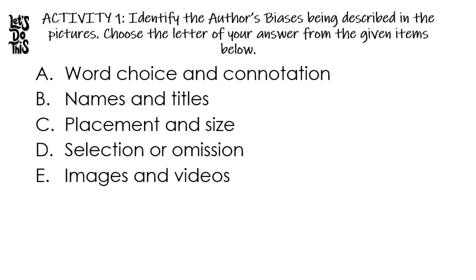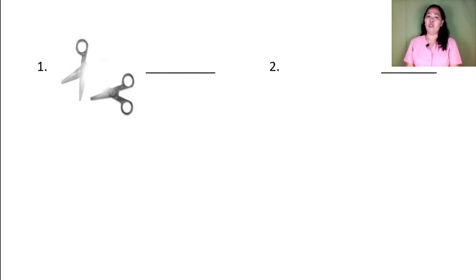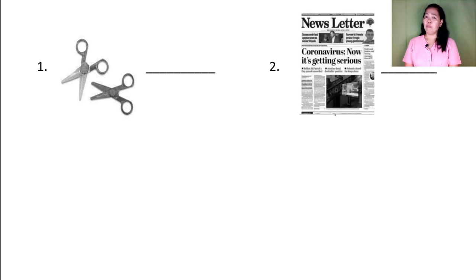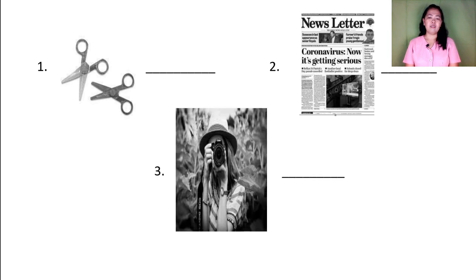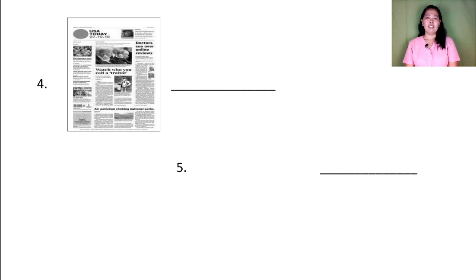D. Selection or omission. And E. Images and videos. Let's have number 1. Picture number 2. Picture number 3. Picture 4. And picture 5.